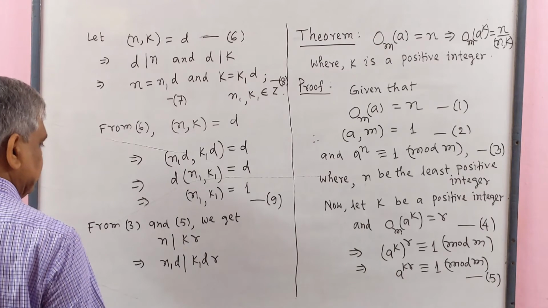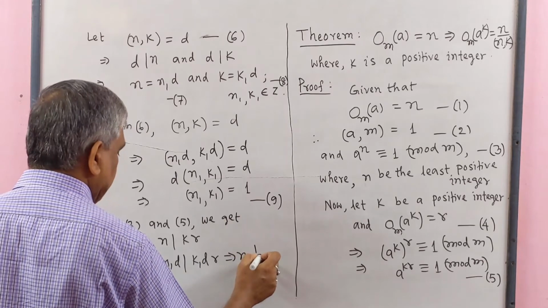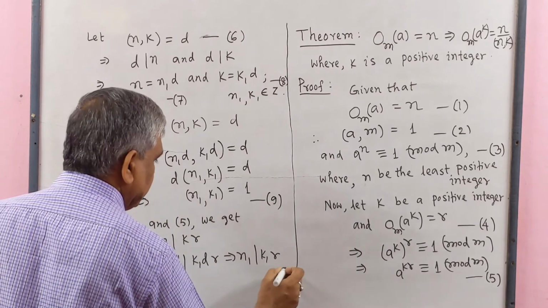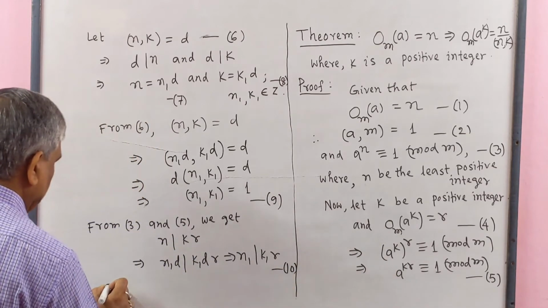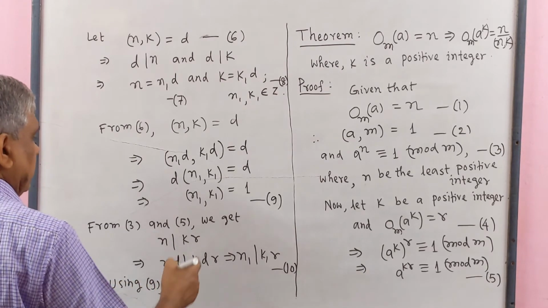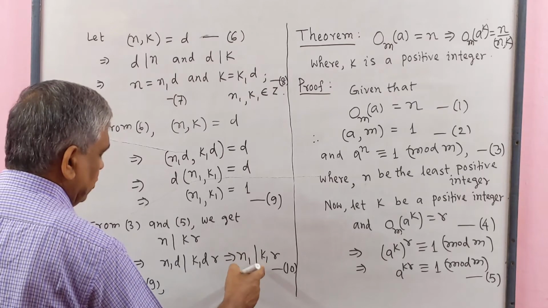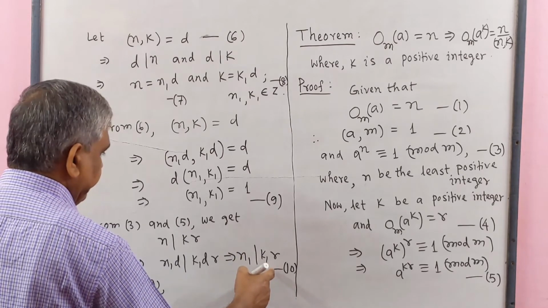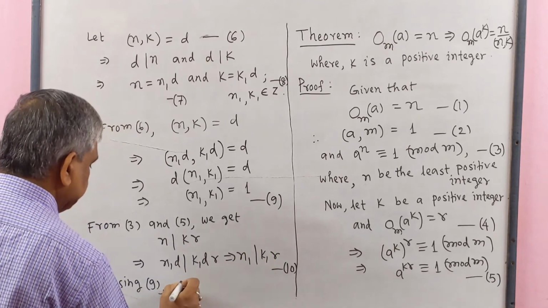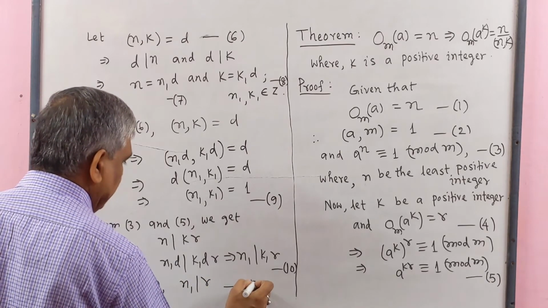Multiply r, implies that n1 divides k1r, d cancel. Let this be number 10. Using 9, here GCD of n1, k1 equal to 1. So from 10, n1 divides r. This is number 11.